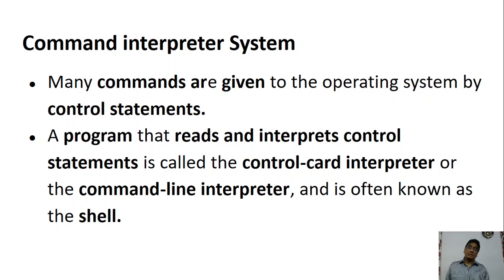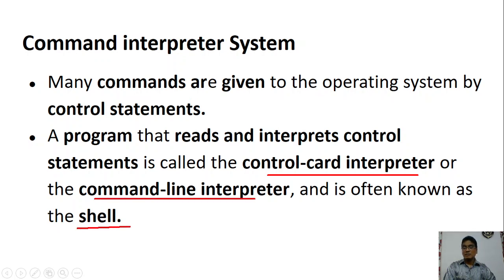This particular program is called the control card interpreter. It is also called the command line interpreter, or it is commonly called a shell. So shell is a special program that interprets your commands. First of all it reads the command that you have typed and interprets it. If it can understand whatever commands you have given, then it carries out that command.